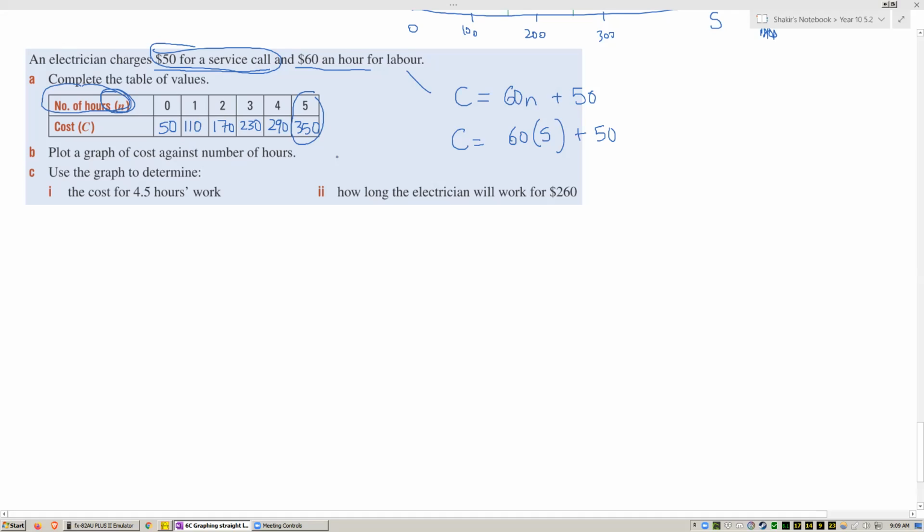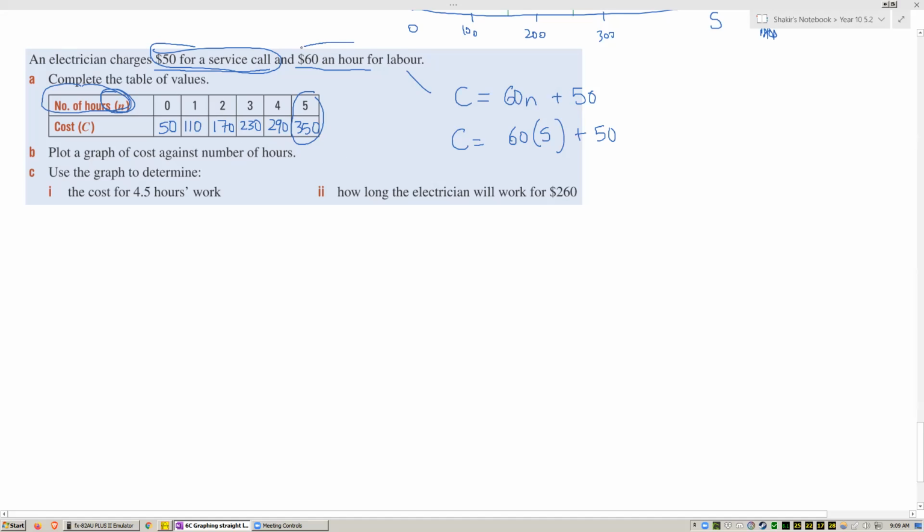Okay, so the thing with the patterns is something you need to understand on a fundamental level, right? Straight lines have a pattern. That pattern that you're noticing, that's called the gradient. We haven't covered the gradient yet. That's why I'm not mentioning the pattern. But if you notice a pattern, for example, over here, the number is going up by 60: 50 plus 60 is 110, 110 plus 60 is 170, then it's 230, 290, and it's going up by 60 each time.